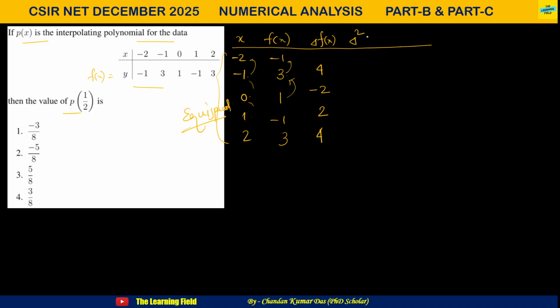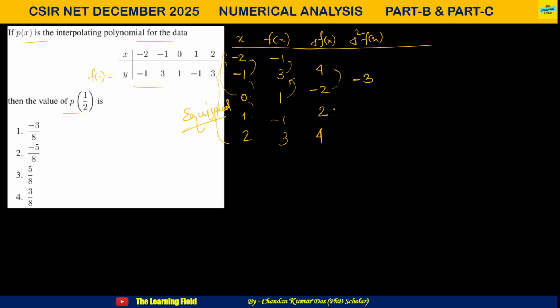Now delta square f(x). Up to how much of this delta square we calculate the table, we will discuss. So this gives 4 minus 1, now the gap is 2. So 4 minus 2, that is, -2 minus 4, that is -6, divided by 0 minus -2 which is 2. So that is -6 by 2, which is -3.